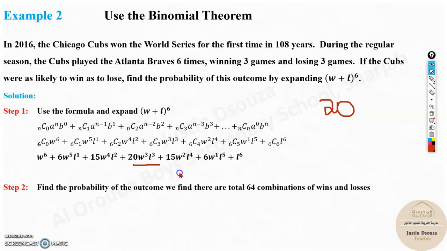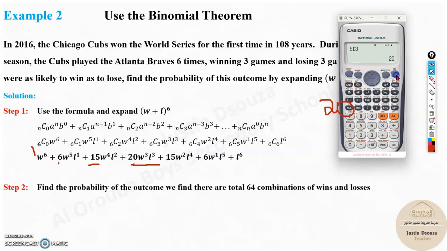But what is the total number of possibilities of winning and losing? So what you need to do is add all the coefficients, add 1 plus 6 plus 15 plus 20, all this. Let me just do it. You can use your calculators.